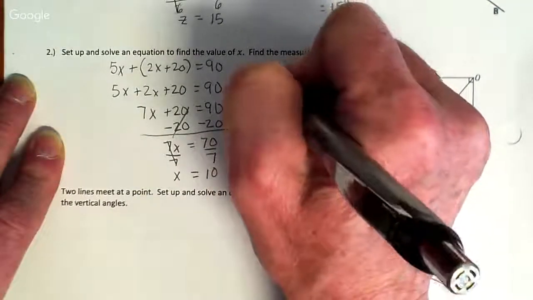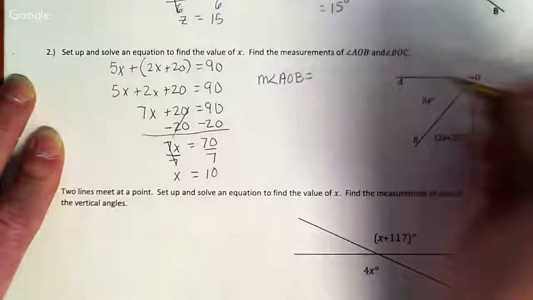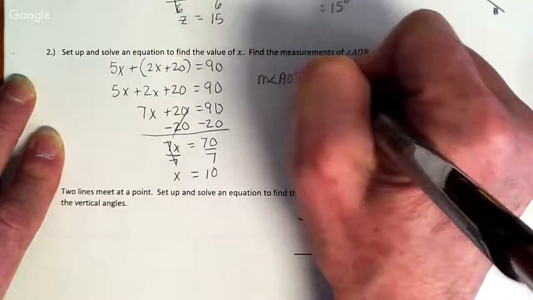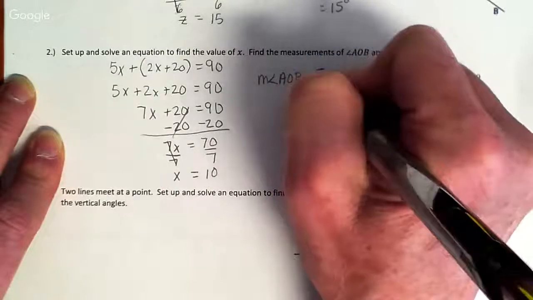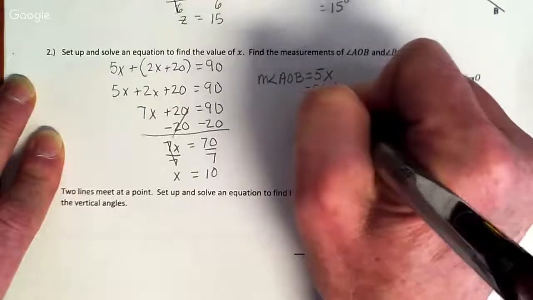So the measurement of AOB is going to be 5x, which equals 5 times 10 equals 50 degrees.